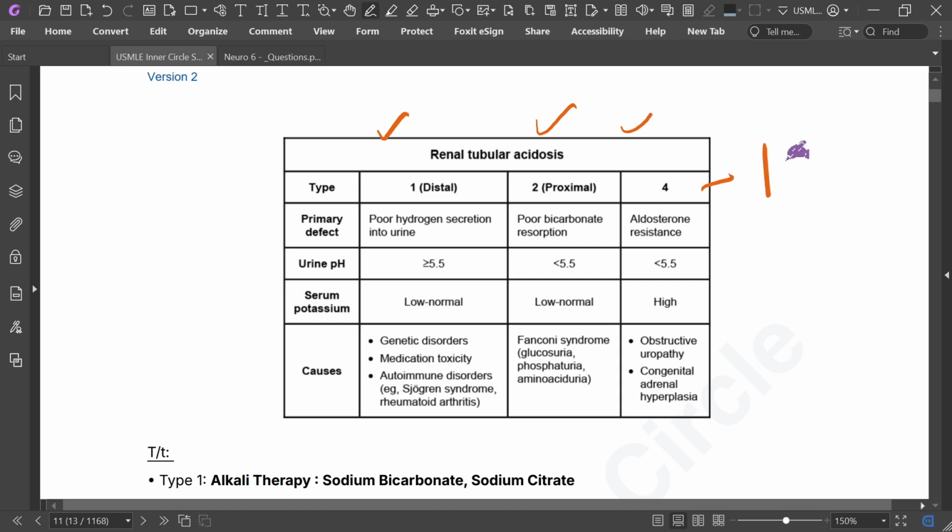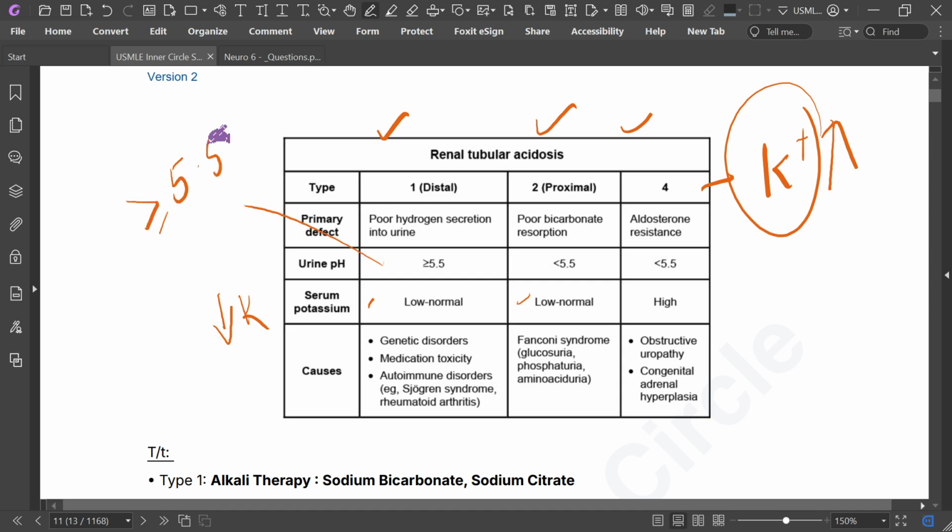In type 4, potassium is high, and in types 1 and 2, potassium is low. In type 1 there is stone formation. In type 1, urine pH is more than 5.5, and in types 2 and 4, urine pH is less than 5.5.